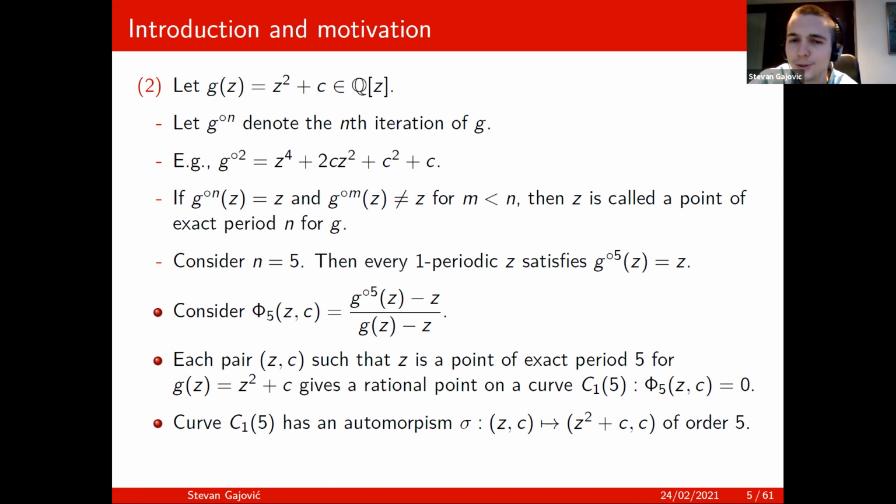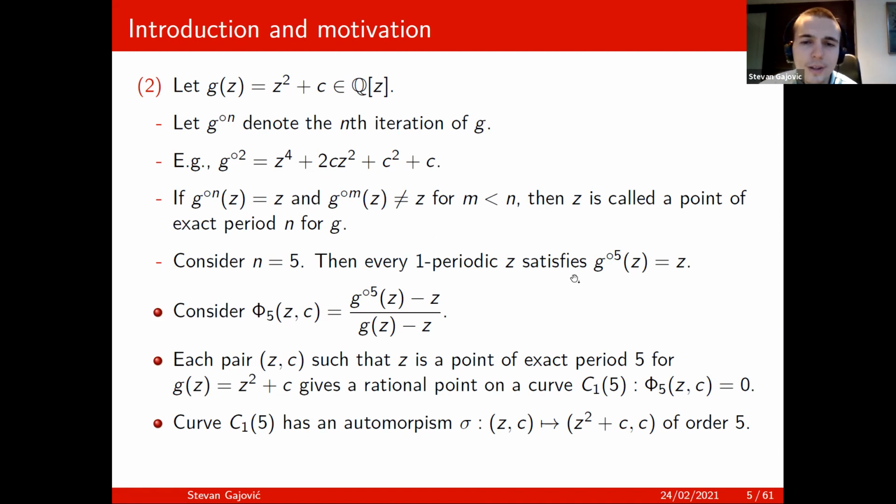So all fixed points are, of course, fixed if we iterate g 5 times. For example, if we consider n equals 6, then all 2-periodic points are also a subset of 6-periodic points. But here, since 5 is prime, it's somewhat easier.